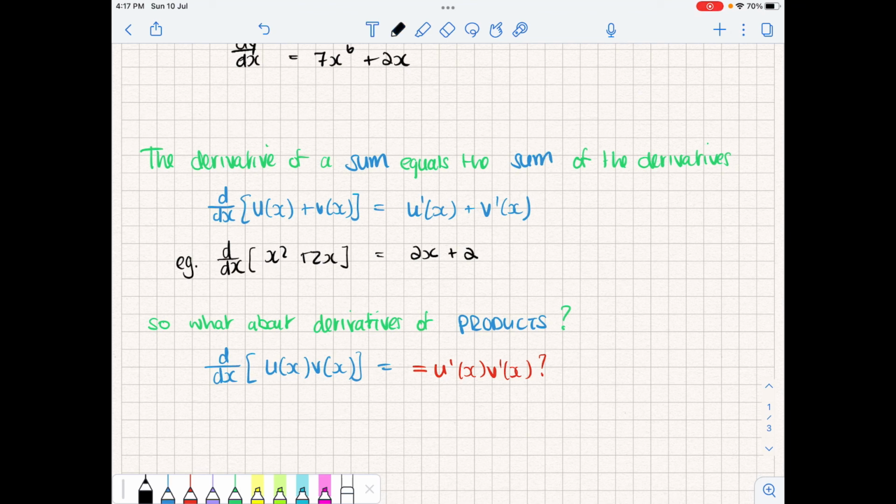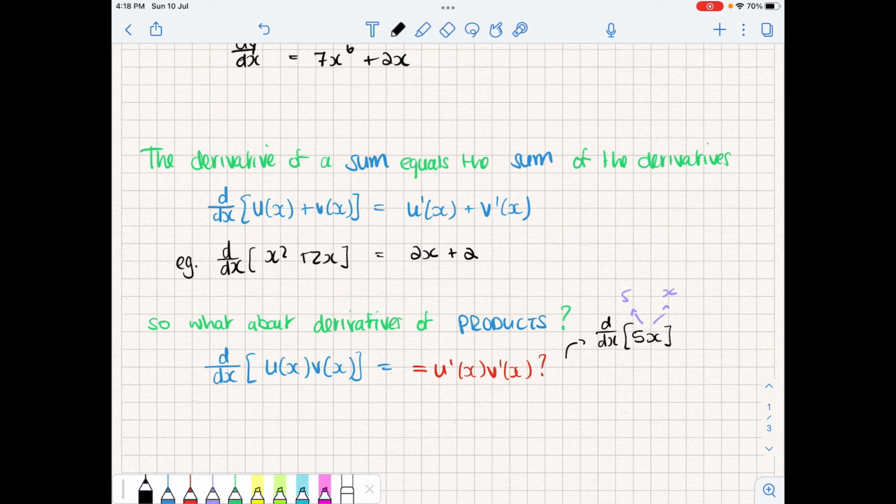Well, let's take a simple example, 5x. Let's say one of the functions is 5 and one of the functions is x. Those are my two functions and they're being multiplied together. So let's pretend this is how things work.